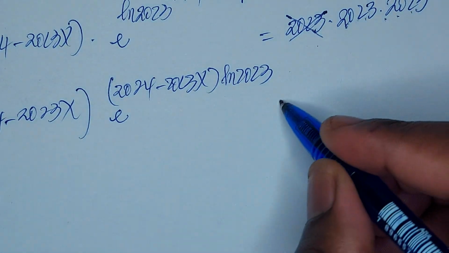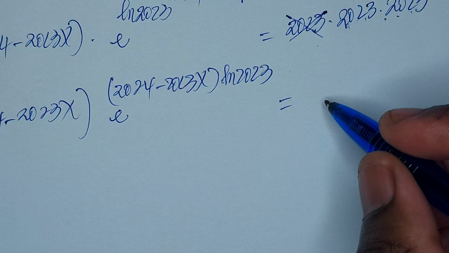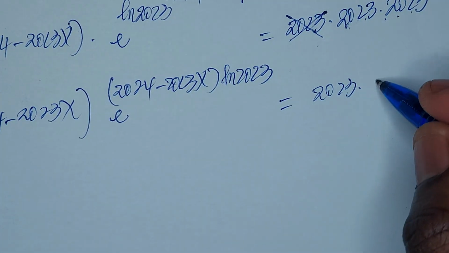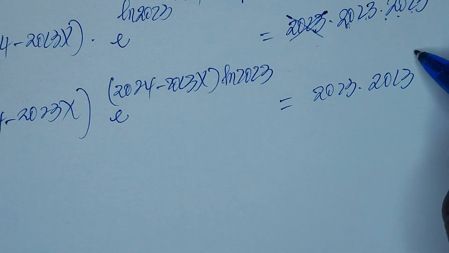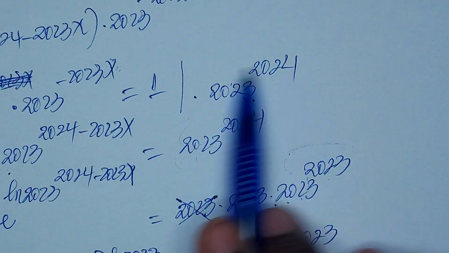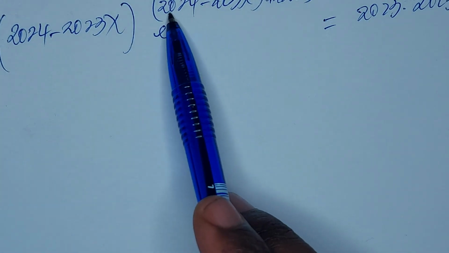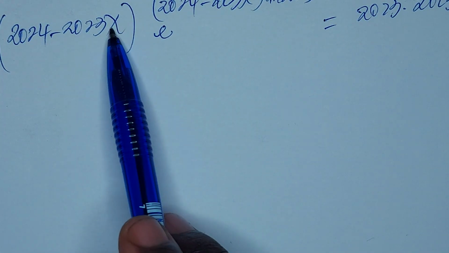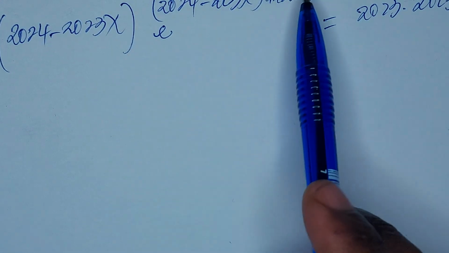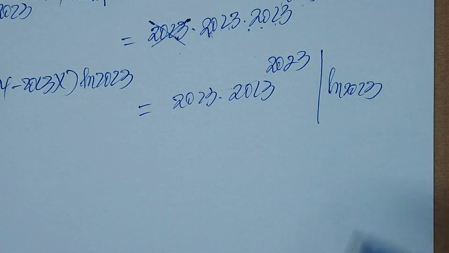Okay, so this is going to be equal to this one here, 2023 to the power of 2023, the same thing as we have already. Just remember that this one here is the same thing as this one here. So now let's see that these powers are not equal, so I have to multiply by ln of 2023, right? So what I'm going to do is multiply both sides by ln of 2023.